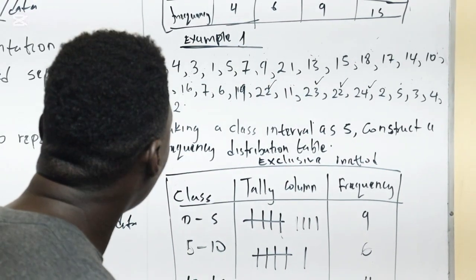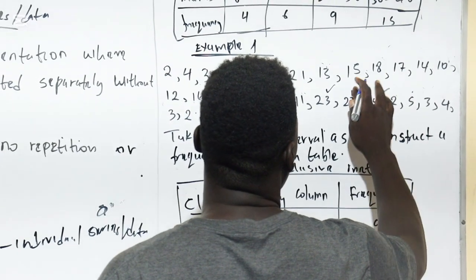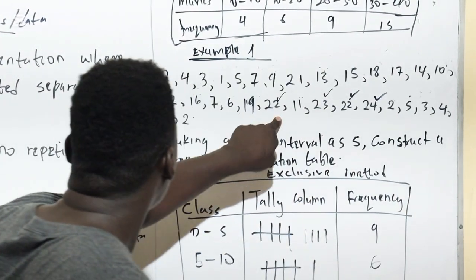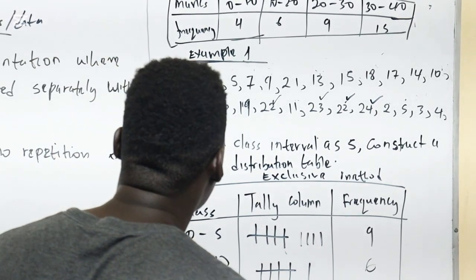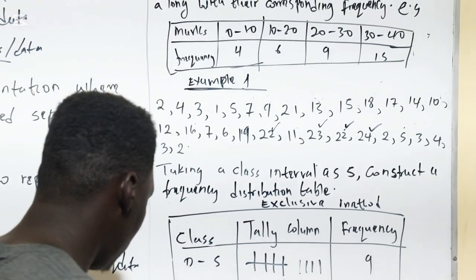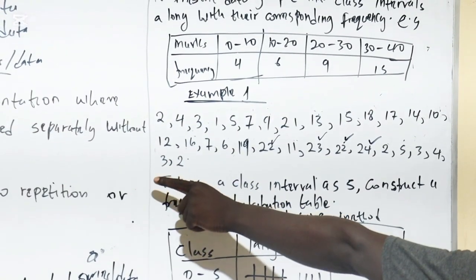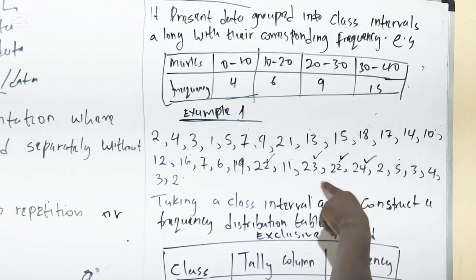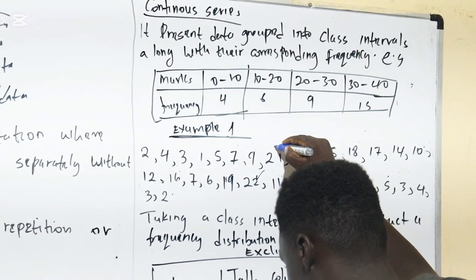Then the last one, 21 to 25. Let's count 24, 22, 23, 22. There's no any other one. Oh, there's 21.